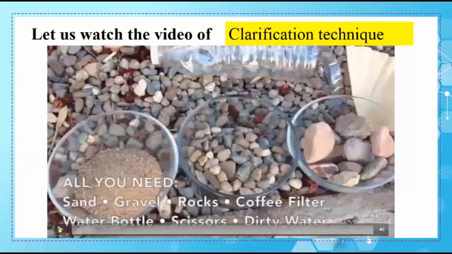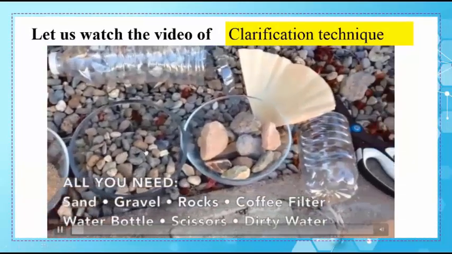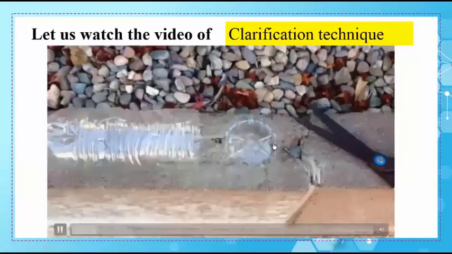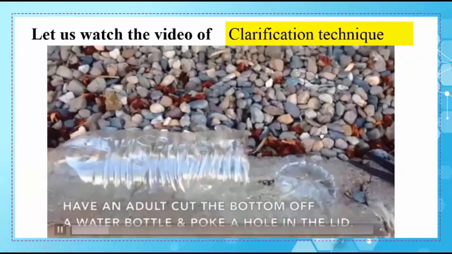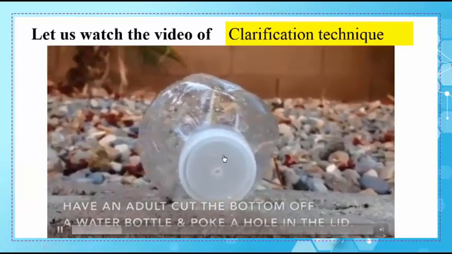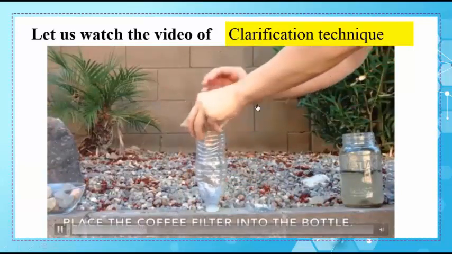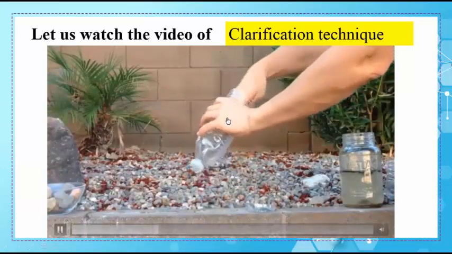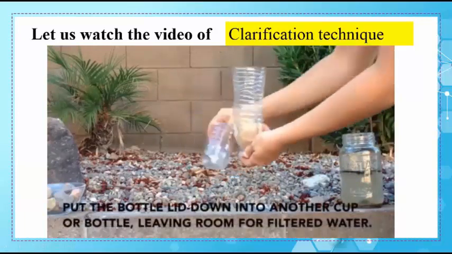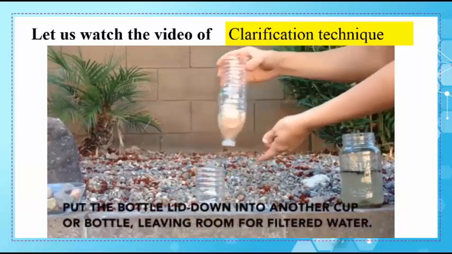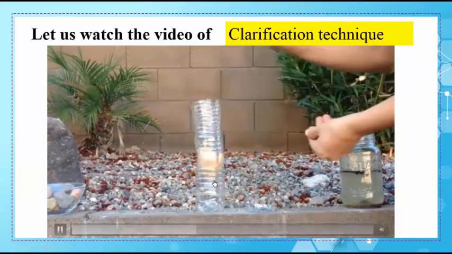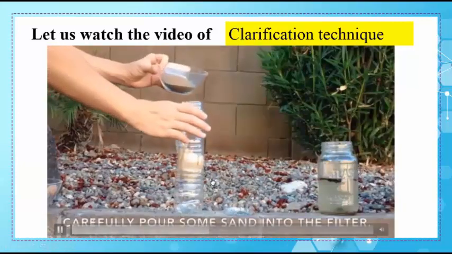First, you need sand, gravel, rocks, a water bottle, and dirty water. Cut the bottom of a water bottle and poke a hole in the lid. Place the coffee filter into the bottle, which is similar to filter paper. Put the bottle lid down into another cup or bottle. Carefully pour some sand into the filter.